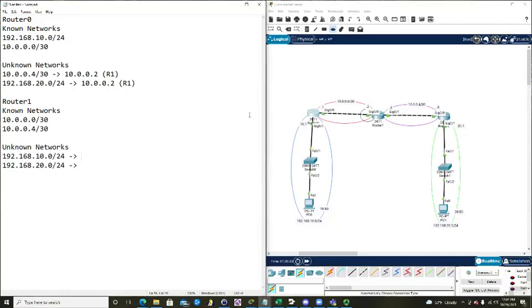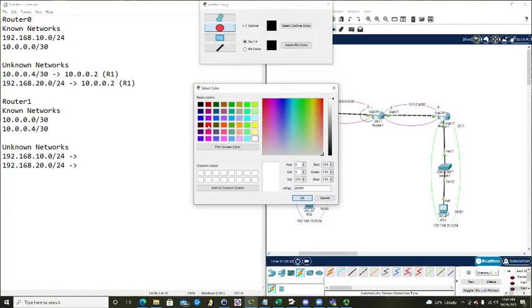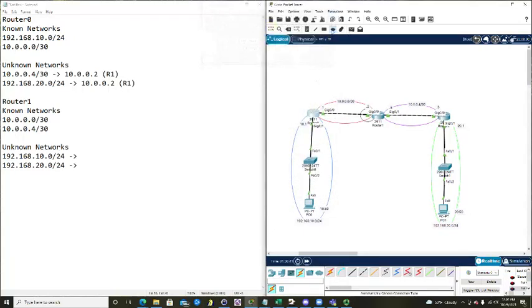So in this case, from router 1's perspective, in order for router 1 to get to the 10.0 network, it's going to send traffic to its next hop, which is in this case, let's pick yellow. Yellow doesn't really work very well. Never mind, yellow's a bad color.